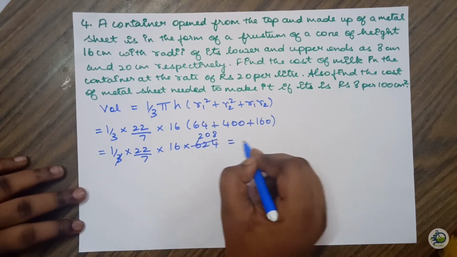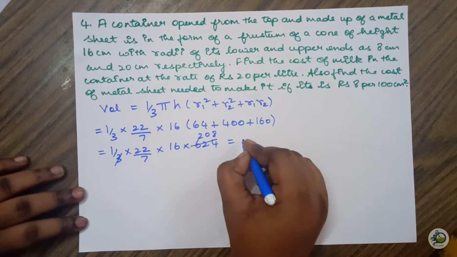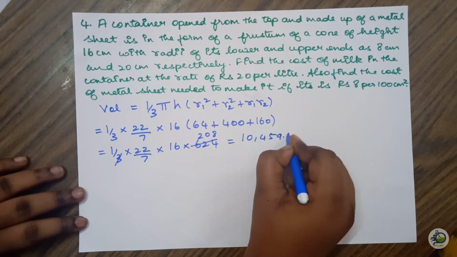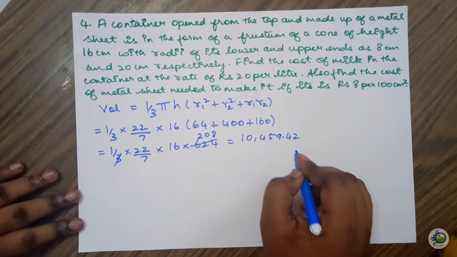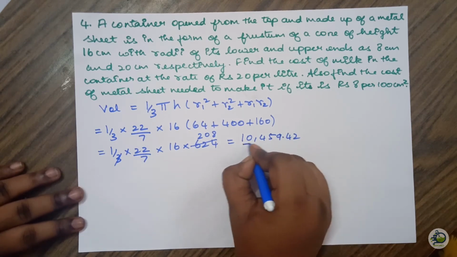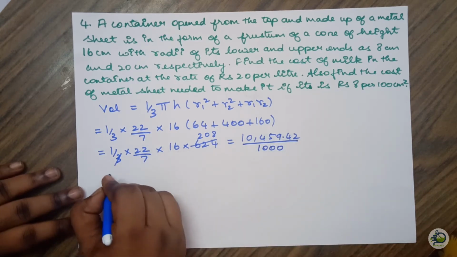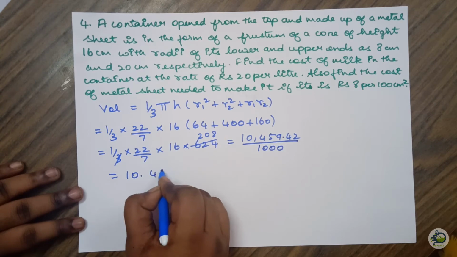After multiplying and dividing by 7 I will get 10,459.42 centimeter cube. Now I have to convert it to liters, so I should divide this by 1000. I will be left with the answer 10.459 liters.